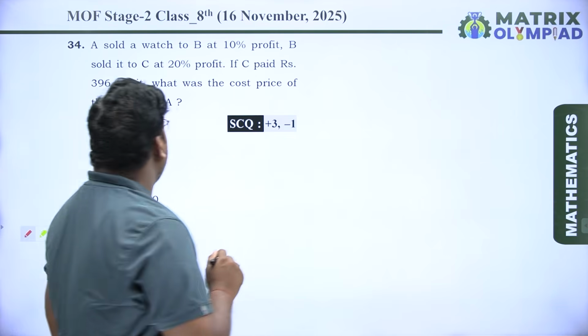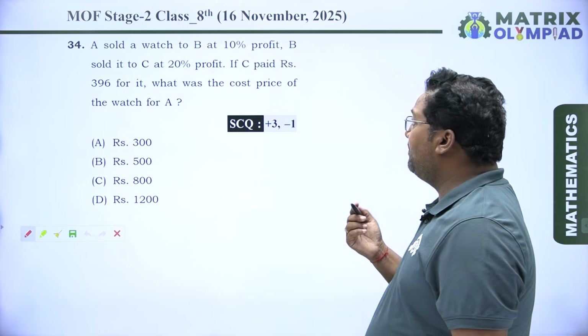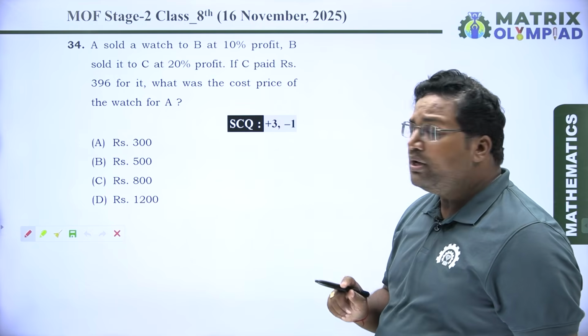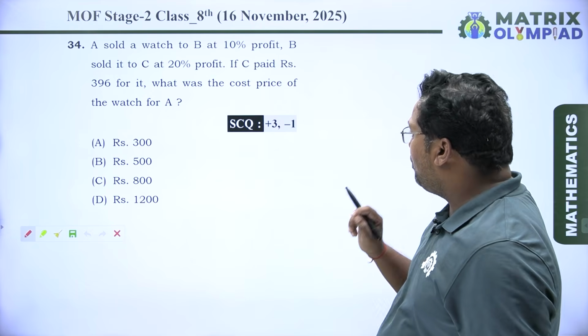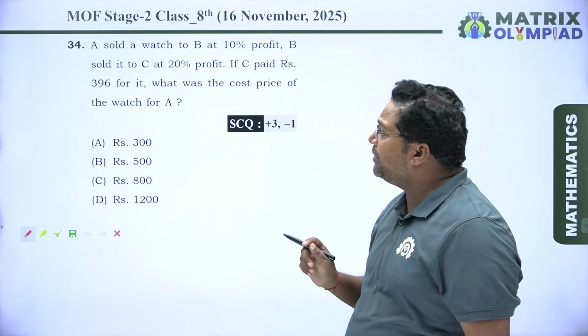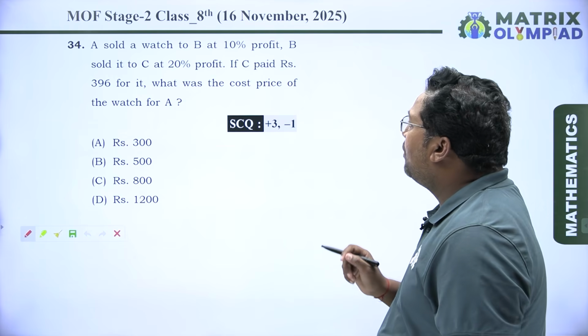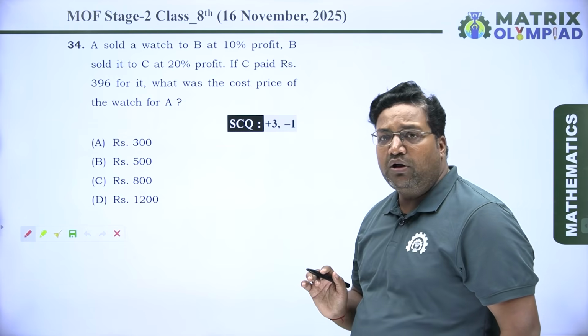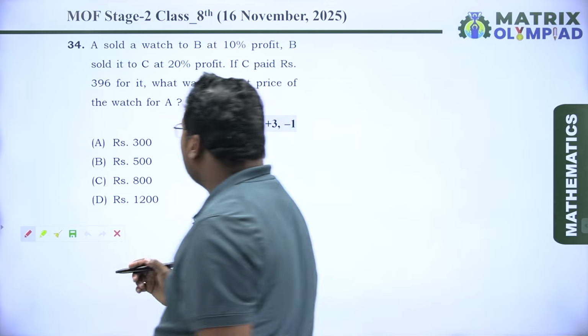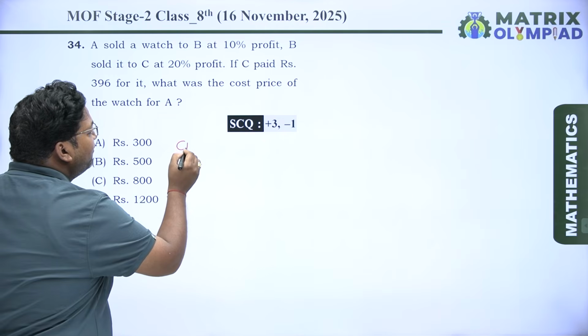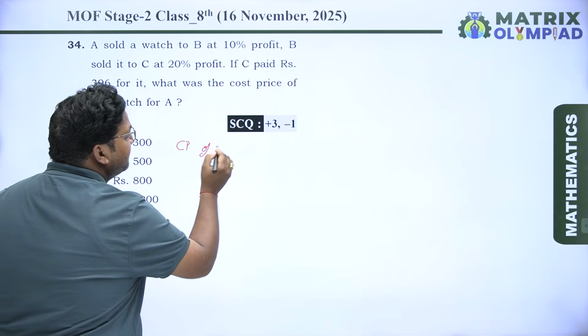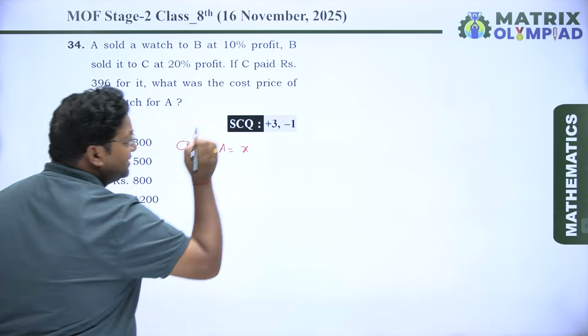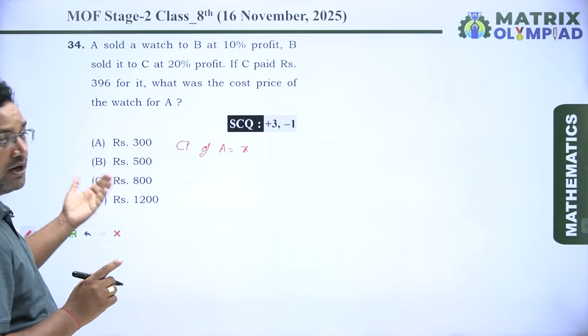Question is, A sold a watch to B at 10% profit. B sold it to C at 20% profit. If C paid rupees 396 for it, what was the cost price of the watch for A? So first of all, we have to assume the cost price of the watch for A equal to X. Now we have to frame an equation according to the question.